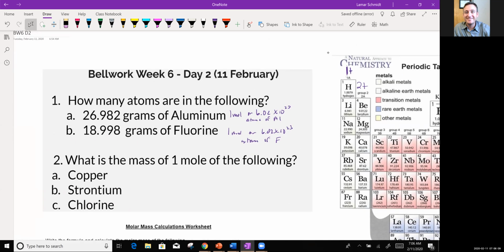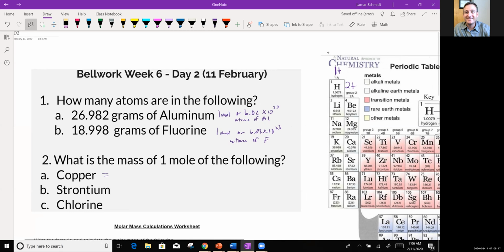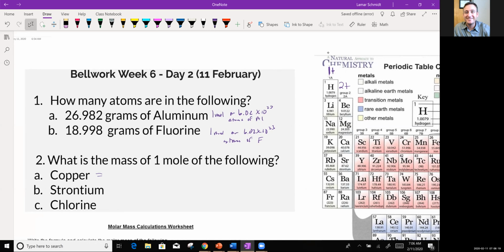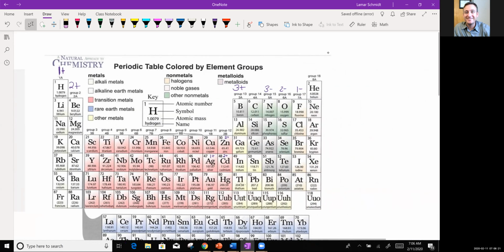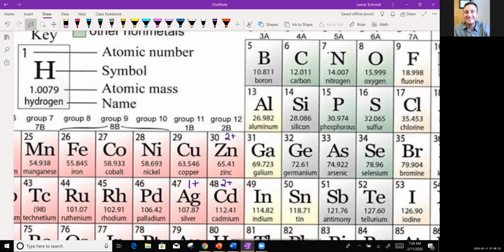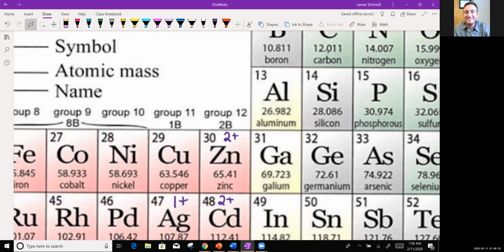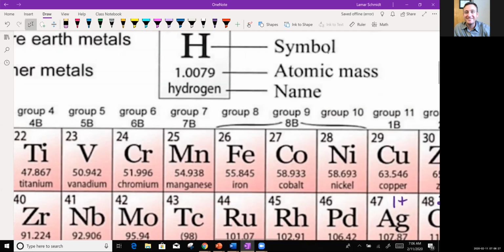And then the second question says, what is the mass of 1 mole of the following? This is kind of working backwards from part 1. So on copper, where are we going to find the mass of 1 mole of copper? You guessed it, the periodic table. So we go to our periodic table, we find copper, and we see that it says 63.546.